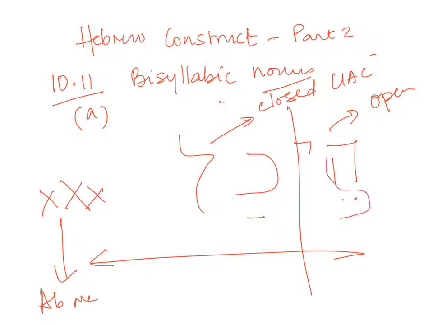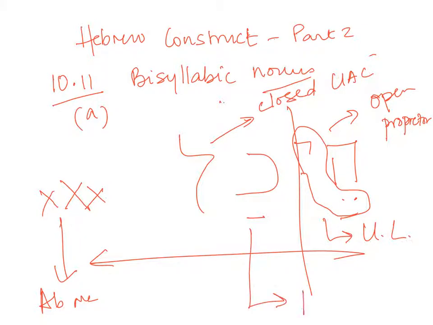What about this here? Now this is an open propretonic. Can I have this volatilized? The answer is no, because it is an unchangeable long. It will not change according to rules of grammar. So it is hekal, except that this has a patak. This is palace of.